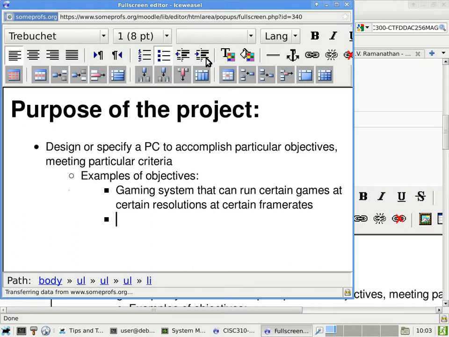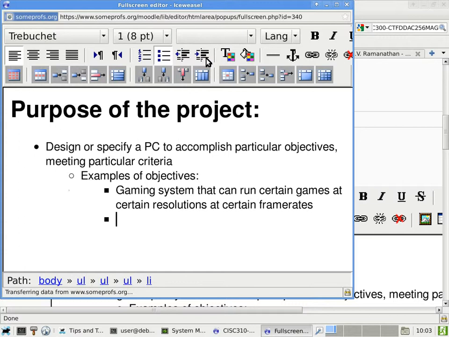I don't want people to just say, I want a gaming system. Well, I can game using my netbook too, just not a whole lot of games. I get 2 frames per second. I see the bullet, I see the projectile here, and then I'm dead. Or I just see the flash of the opponent firing a weapon, and then I'm dead. I don't see anything at all, and then I'm dead.